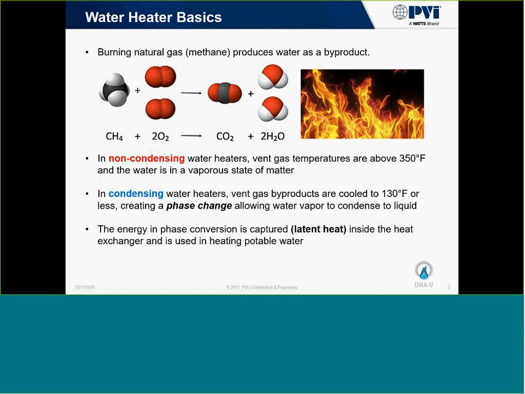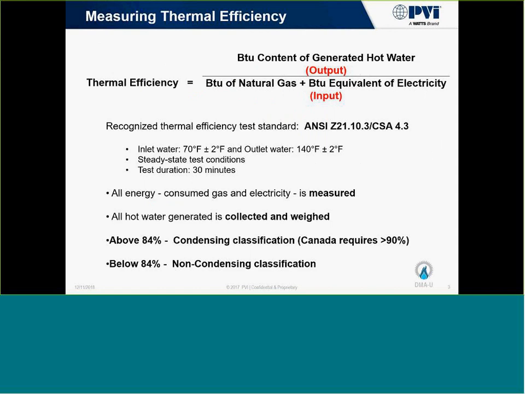So as we look at how those thermal efficiencies are garnered, if you look at the equation, we're looking at our output divided by the input. You're taking the BTU and the electricity that we're putting into that water heater, and you're going to judge that by the temperature of the water we get out. It's a very basic equation, and that's governed by ANSI Z21.10.3.